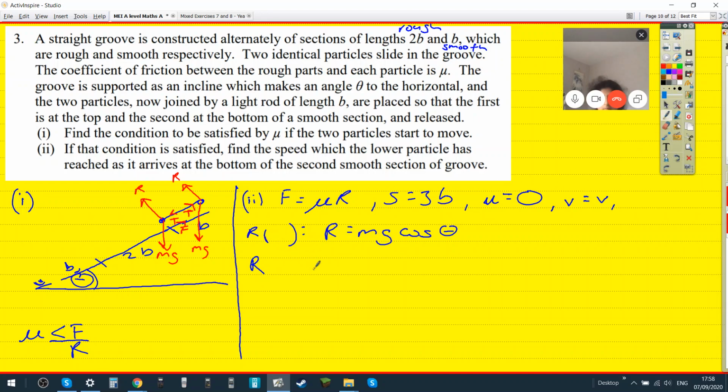Sorry, say it again. Wait, are the tensions in different directions for both of them? Yeah. Okay, so I'm doing the particle at the bottom. Yeah, we're not going to get this finished. Yeah, it's so hard. T minus F minus, wait, no, plus mg sine theta.